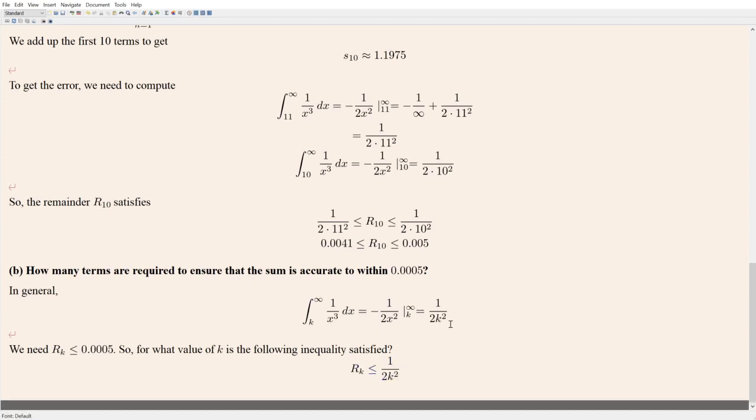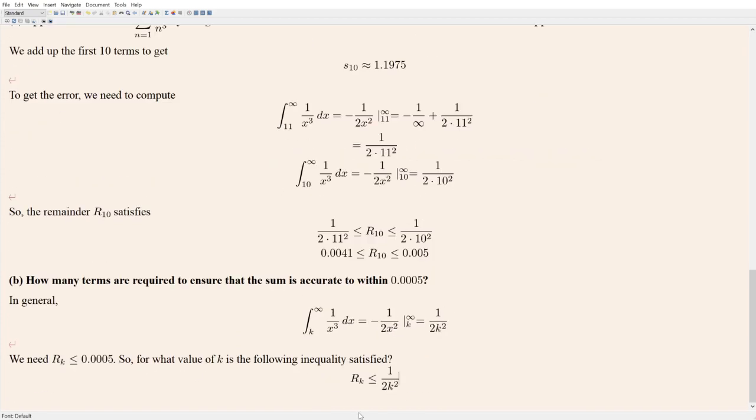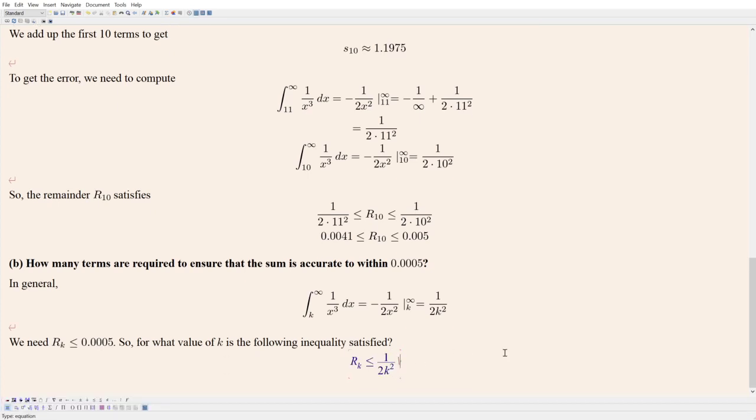Right? Because we want r sub k to be smaller than 0.0005. Now, because of the remainder estimate, we know that r sub k is going to be smaller than 1 over 2k squared. So, to get it smaller than 0.0005, we pick k such that the estimate is smaller than 0.0005.